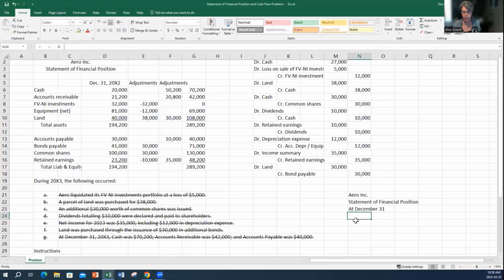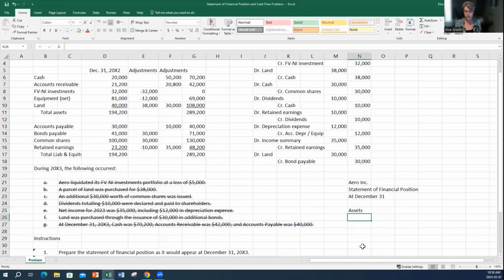And now I'm going to do assets, current assets. For the current assets, I need only the cash. Next, I need the fair value net income investments because they're more liquid than the accounts receivable. And then I do the accounts receivable. And then this will be total current assets.